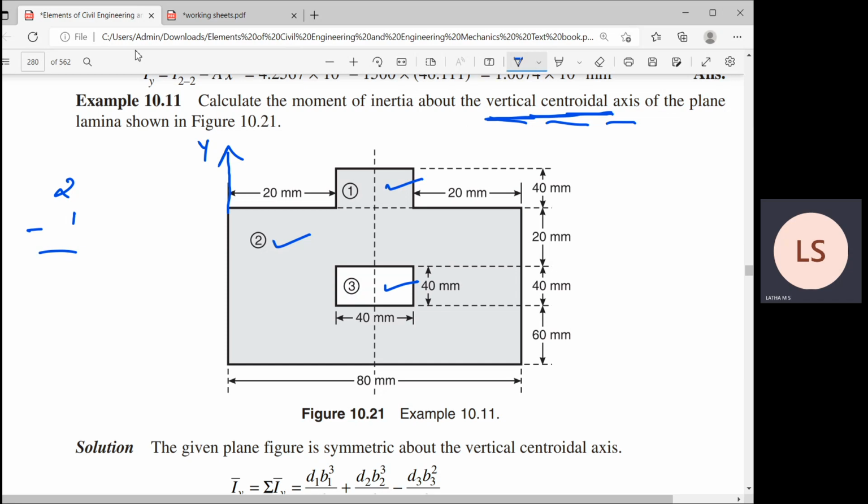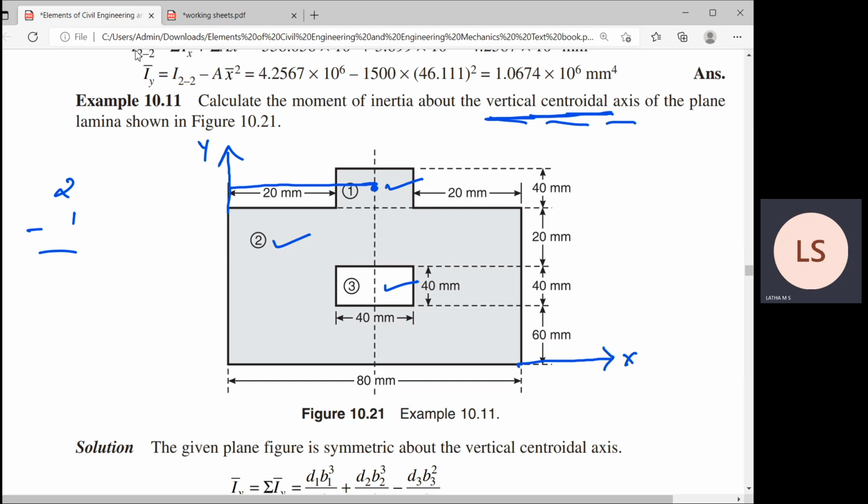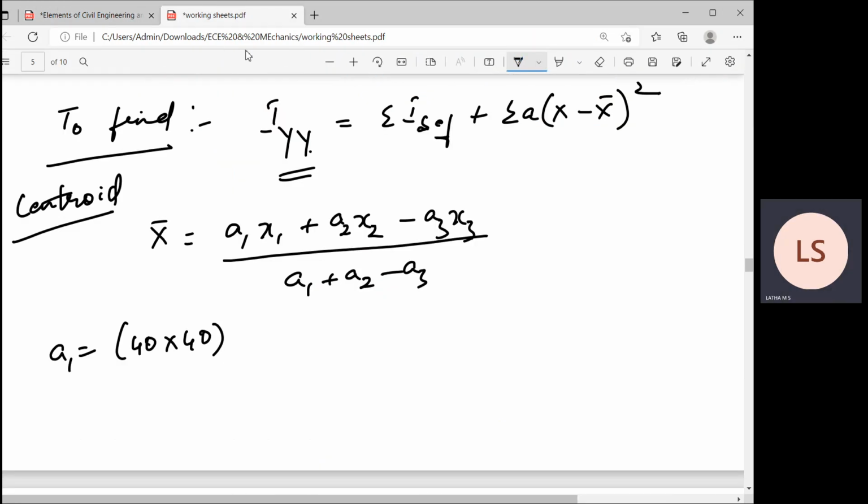This is the y-axis, this is the x-axis. If the point of CG is here, the distance between the centroid of the lamina and the y-axis I can take as 20 plus another 20, so it will be 40 mm. X1 is equal to 40 mm.